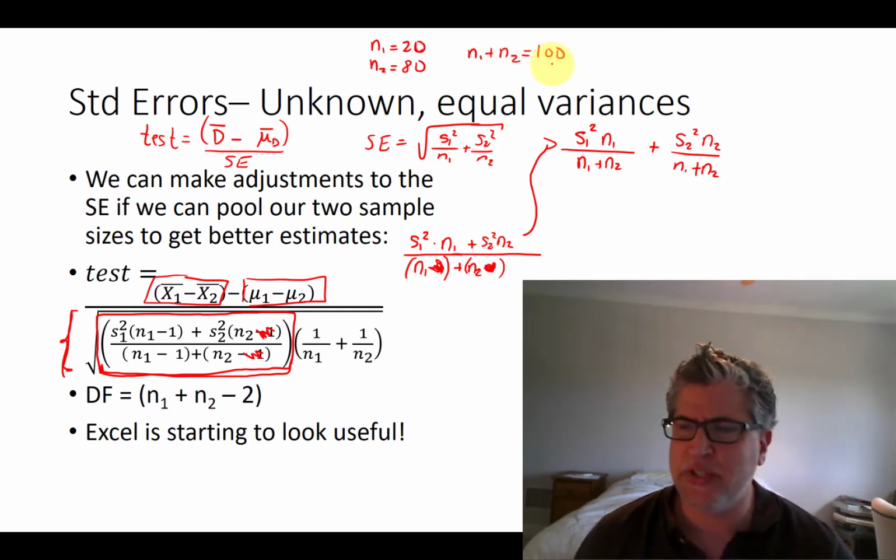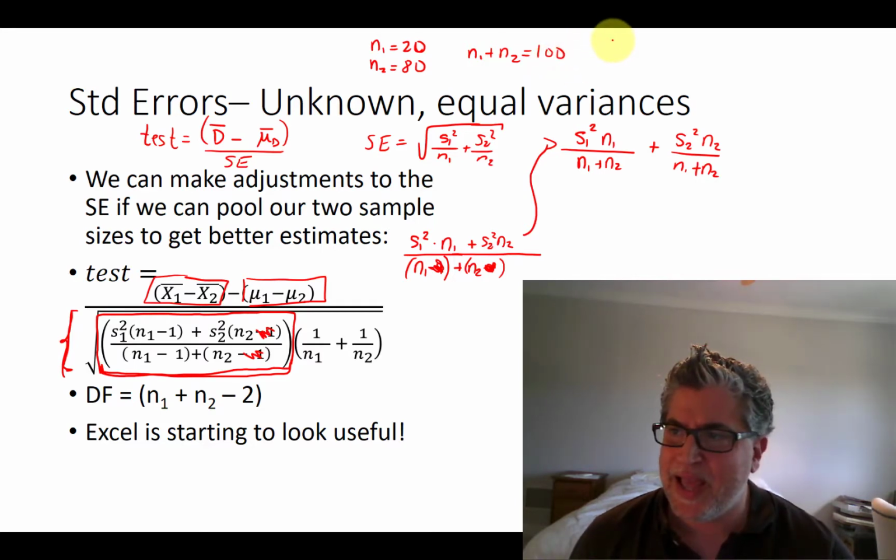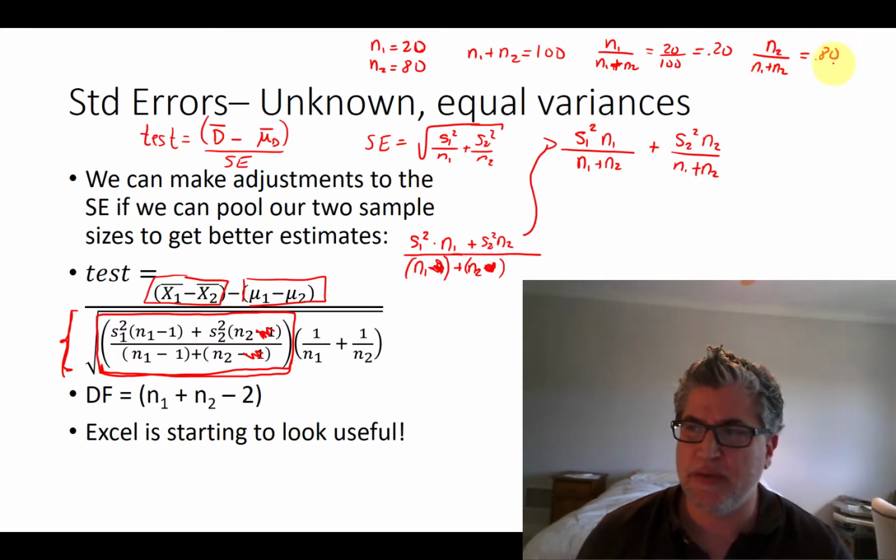Okay, so we got 100 observations total. n1 divided by n1 plus n2? Well, that's 20 over 100. That's 20%. And n2 over that sum is 80%.